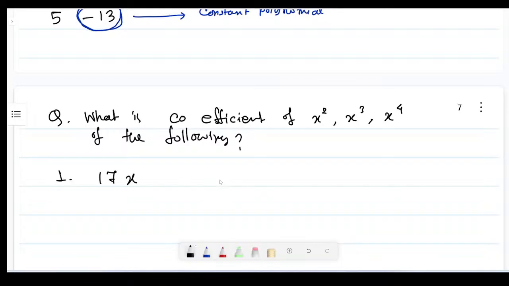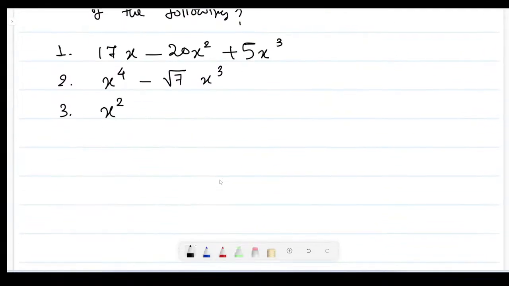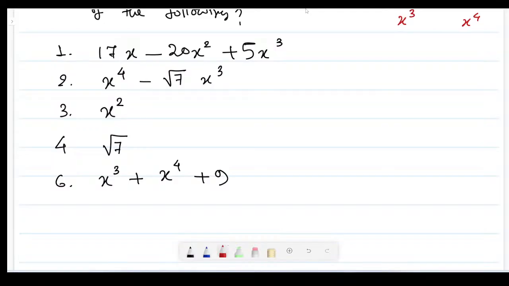So we must make a table like this: here we can write x to the power 4, here we can write x to the power 3, here we can write x to the power 2. These are the coefficient table.